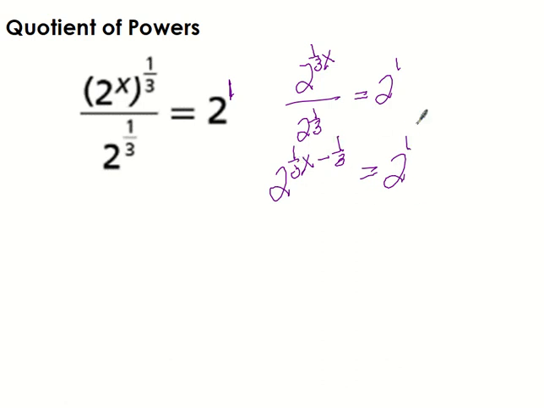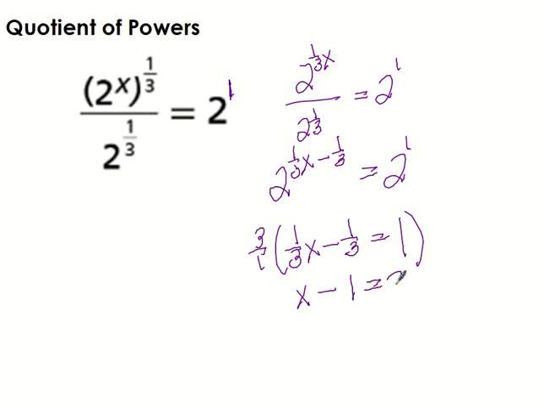I know that this has to equal this, so I'm going to go 1/3 x minus 1/3 is going to equal 1. I really want to get rid of these fractions, so I'm going to times by 3. So this becomes x, this becomes 1, and this equals 3. And then I'm just going to add 1, and I'm going to get x equals 4.